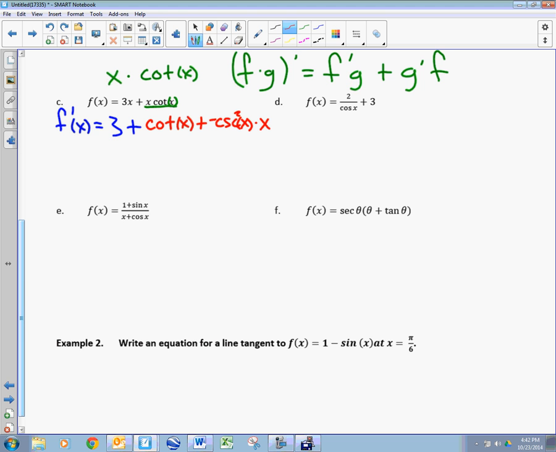So we can write this, f prime of x is equal to, I'm going to put the squared piece first, a negative x cosecant squared of x plus cotangent of x plus 3. That's my derivative.